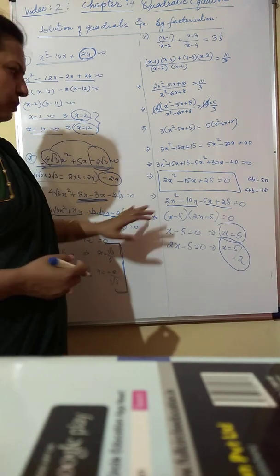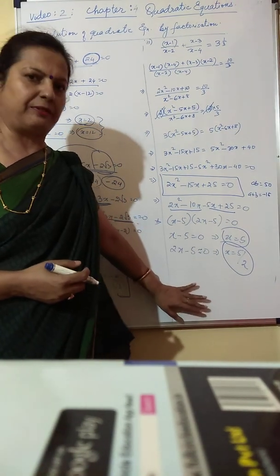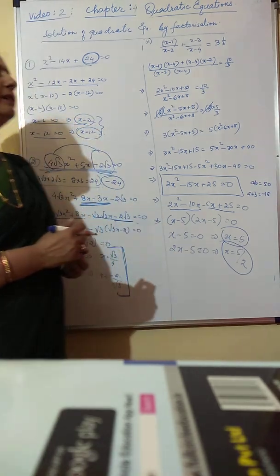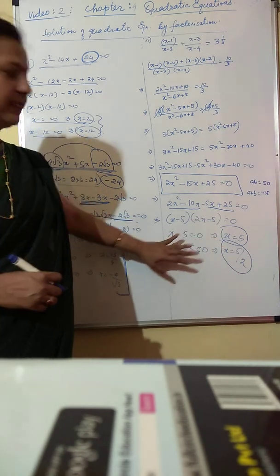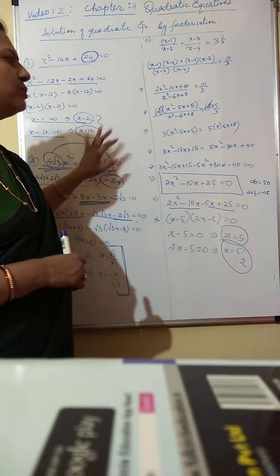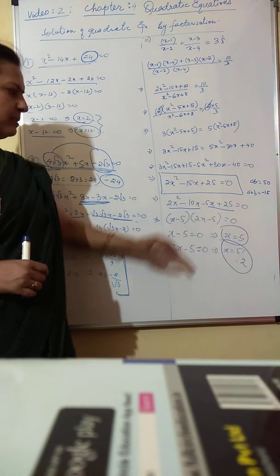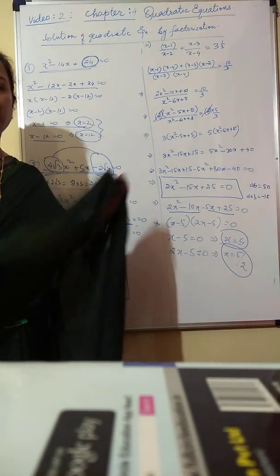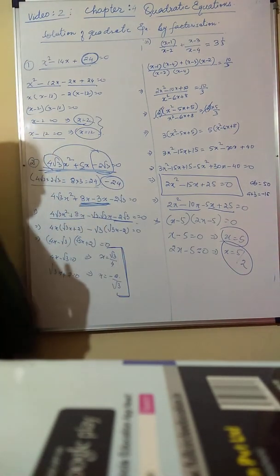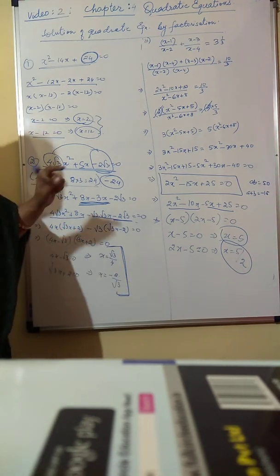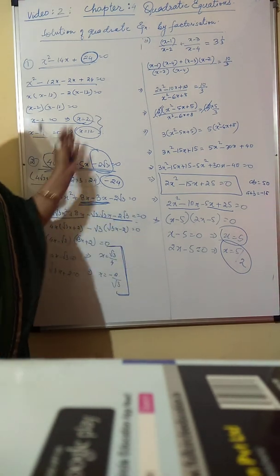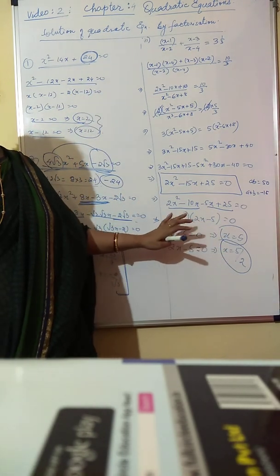So you try doing those questions using the factorization method. These are the basic things that I needed to explain to you. So once you understand this, you will be able to solve a few questions. All the difficult questions you can collect and then ask as your doubts during the online classes, because it is technically not possible to simplify each and every type of question and solve on the board.